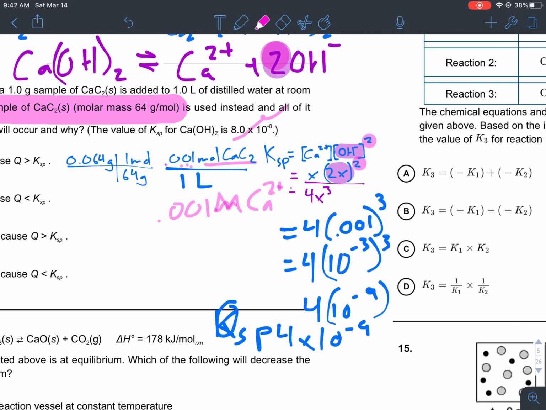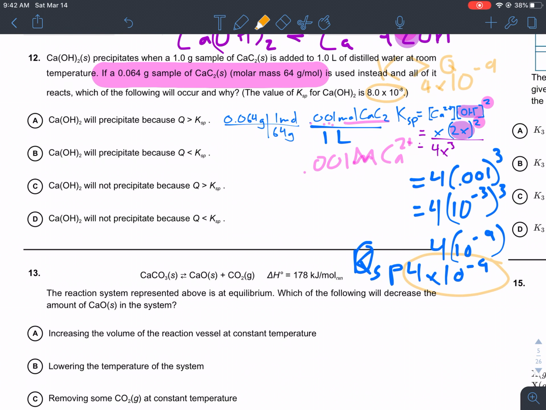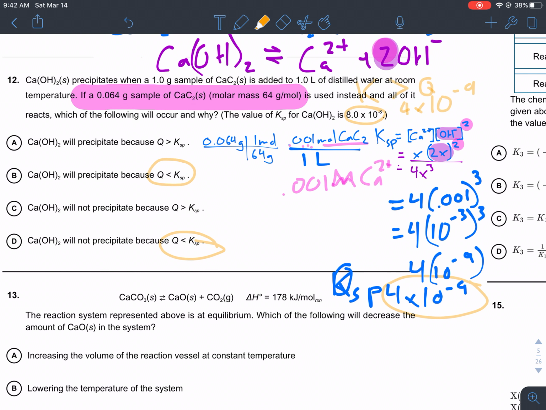All right, when I compare my Qsp, 4 times 10 to the negative 9, to my Ksp, I notice that my Q is less than my K, yes? All right, Q is less than K. Now I got to ask myself, going back to this new formula that we created with the precipitation of Ca(OH)2, if my Q is less than my K, what does my system want to do?